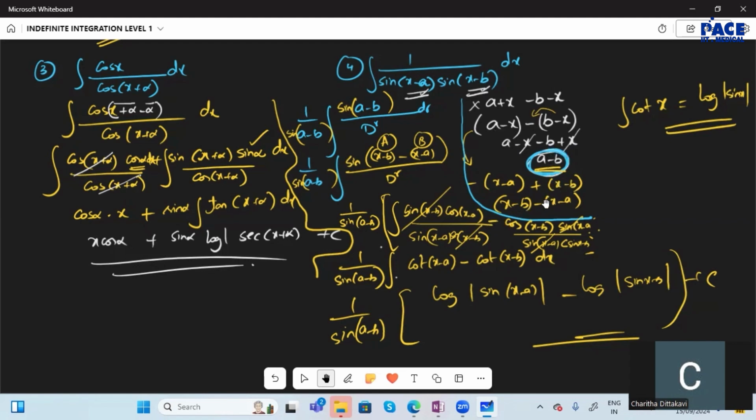So it is directly x minus B minus of x minus A, because I cannot multiply and divide with some variable there, isn't it? So I need a constant value to be done there. So hence I have considered sine A minus B as the factor there. Understood?